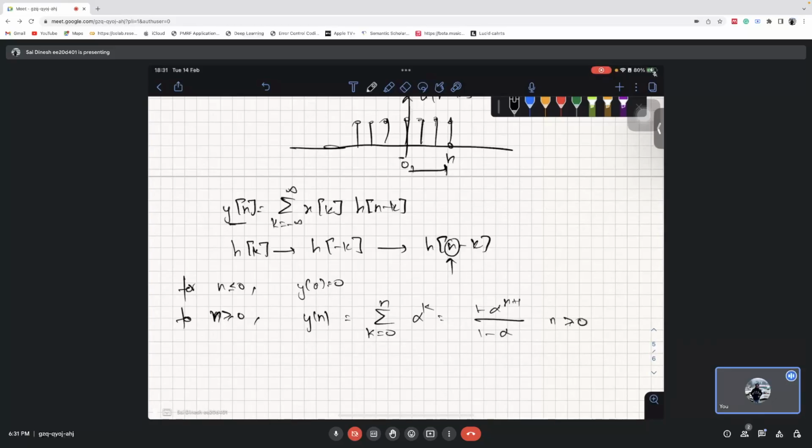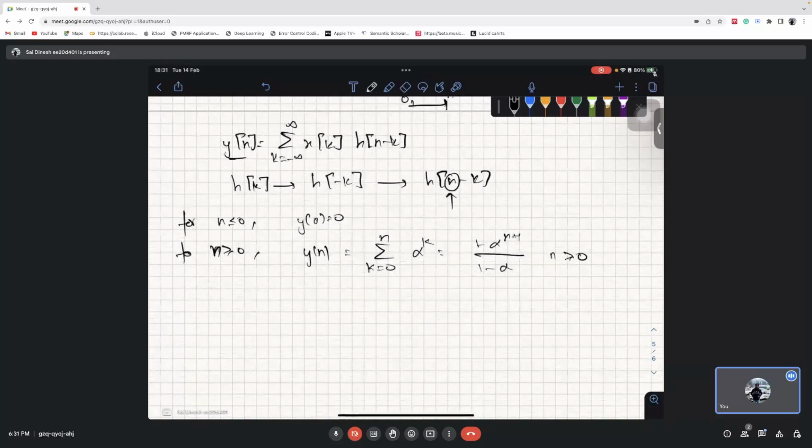Therefore we can write y of n is equal to 1 minus alpha power n plus 1 by 1 minus alpha times u of n, right?